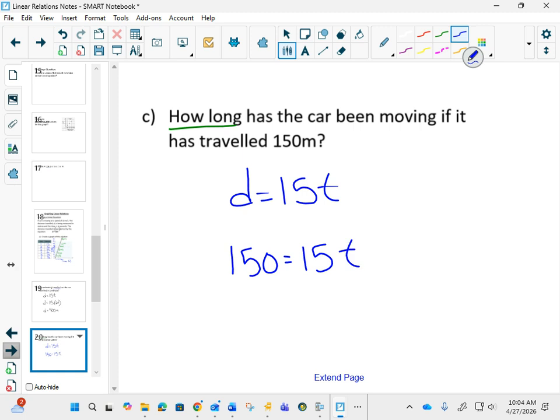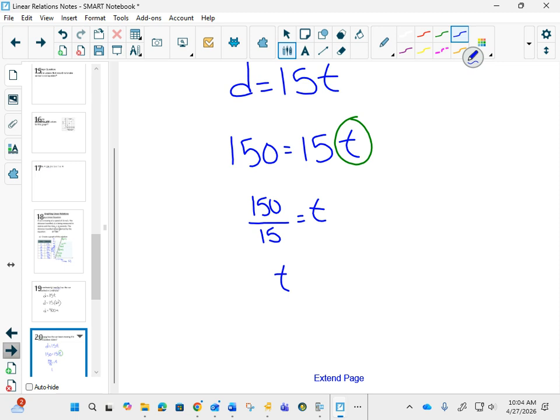Now the question is, how do we get this time? 15 times something is 150? We can divide both sides by 15. You could type it into your calculator, or you could do mental math. We're never gonna include the units when reading. It will be 10 seconds.